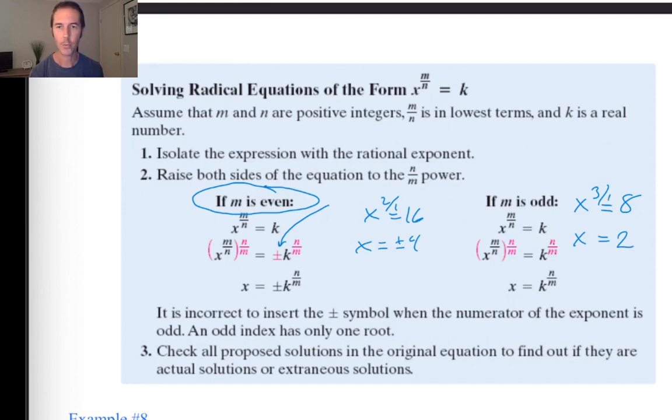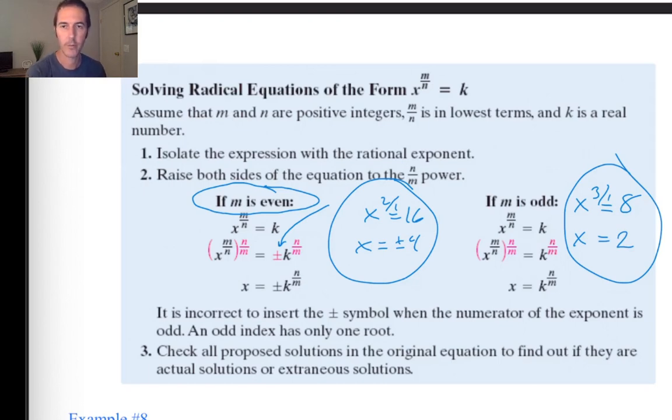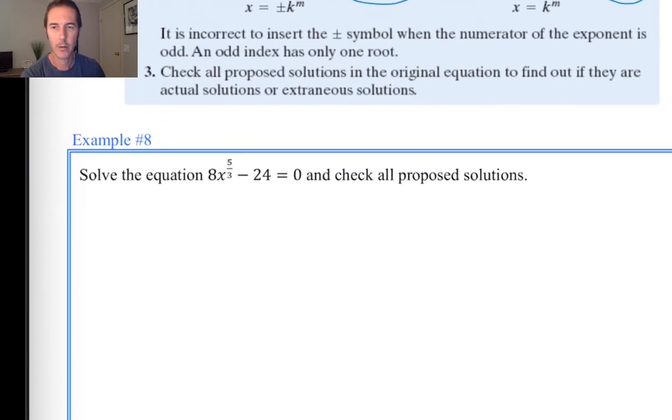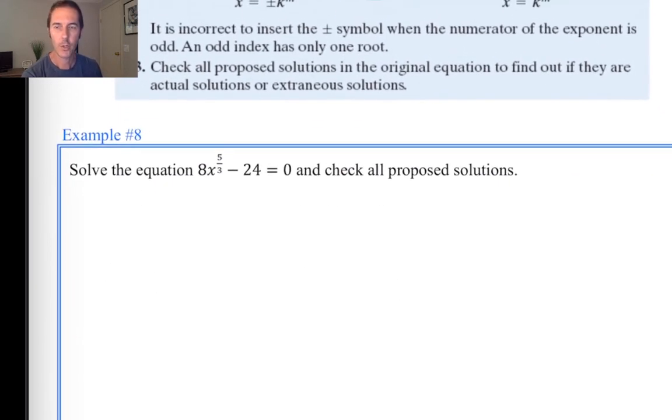And I like to remember those kinds of rules by relating them back to very simple examples, like this one and this one. Small numbers, basic things that you're already very well versed in. So let's see if we can apply it here. In order to solve this equation, I'm going to isolate the x to a power.